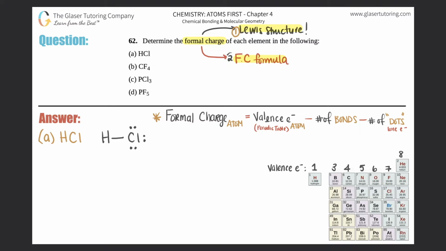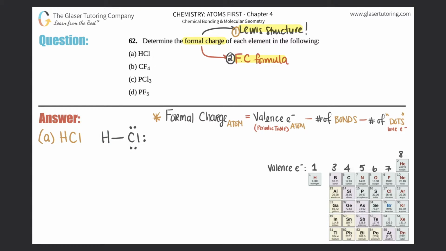Now we will do the formal charge formula for each element. They want each element, so we have to do it for hydrogen and chlorine. The formal charge formula is for atoms. It's not for the overall formula, it's for the individual atoms. So let's look at hydrogen first.